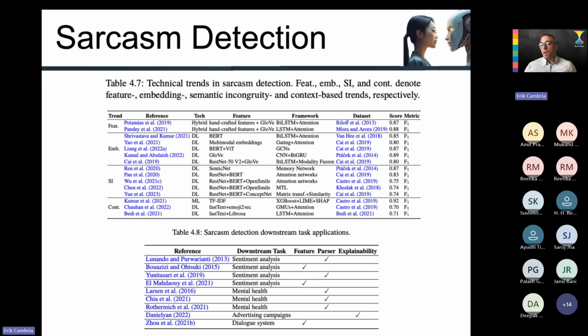For example, we applied multitask learning for sarcasm detection, looking at sarcasm plus polarity detection together in a multitask architecture. But there are also some other interesting studies that are not based on deep learning, but more on linguistic patterns.